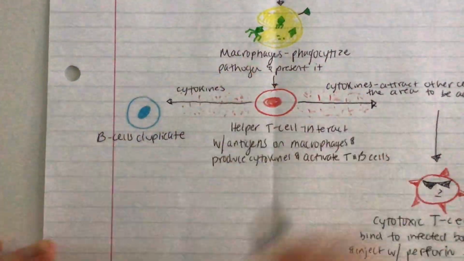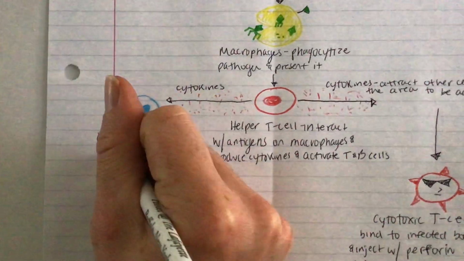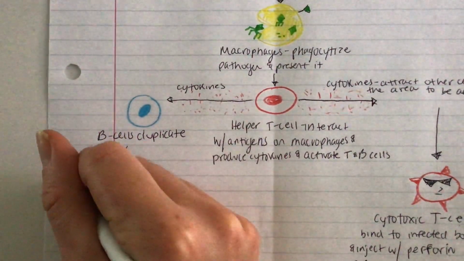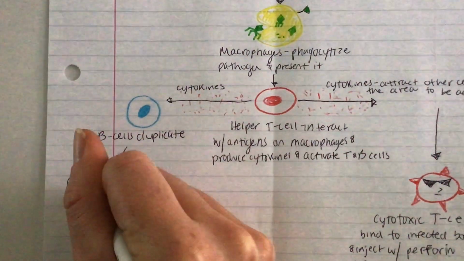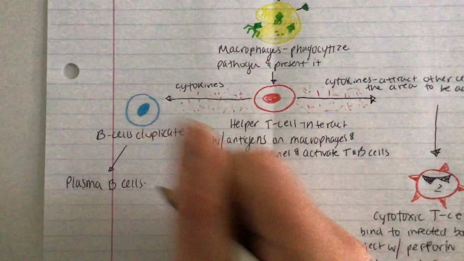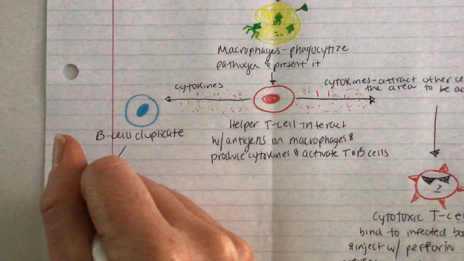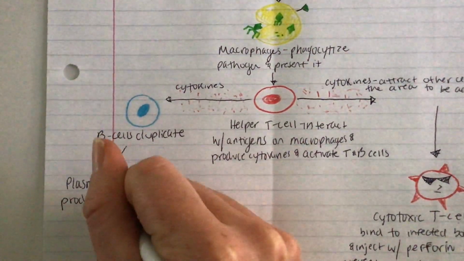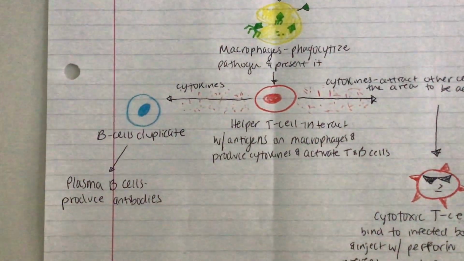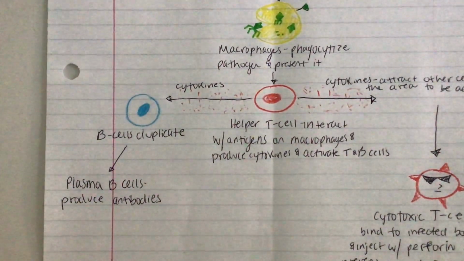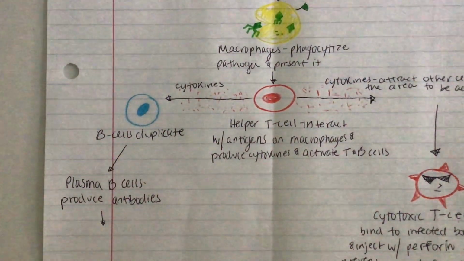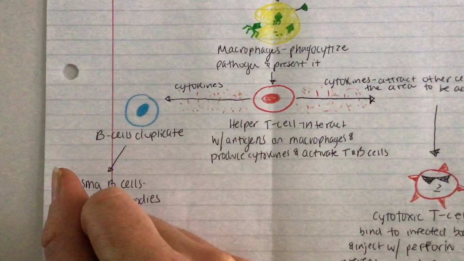And they are going to make two different types of B cells. Some of these are going to be plasma B cells, which are going to produce antibodies. And antibodies are little proteins that look something like this Y shape.